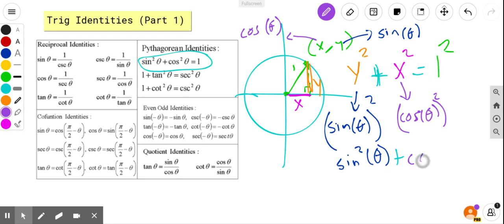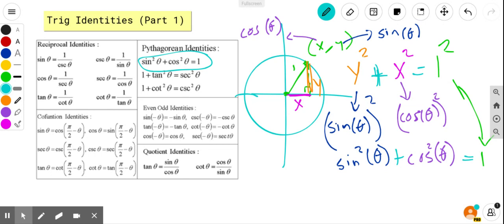So I get cosine squared of theta. Man, look at those beautiful 2's. 1 squared is just 1. And that's how that identity is formed. That's why it's true. It's just taking the idea that all the triangles within the unit circle are right triangles, and therefore we can apply the Pythagorean theorem to them.